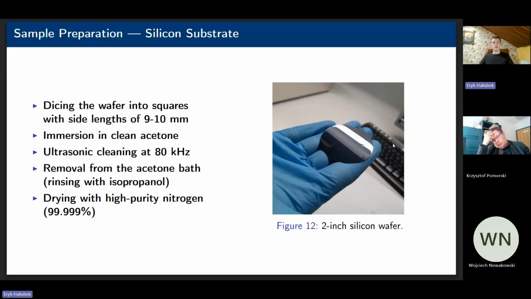Then we place these tiny squares into acetone.